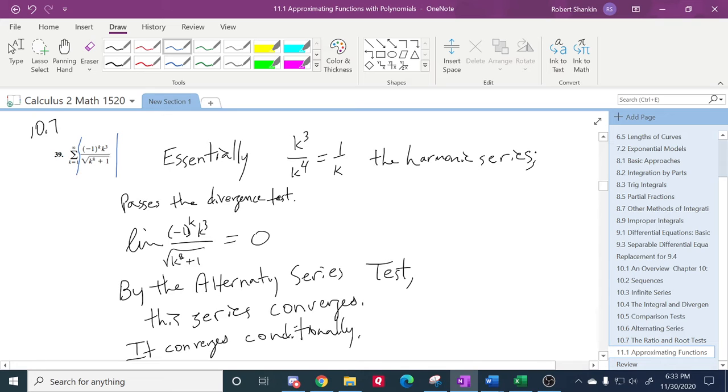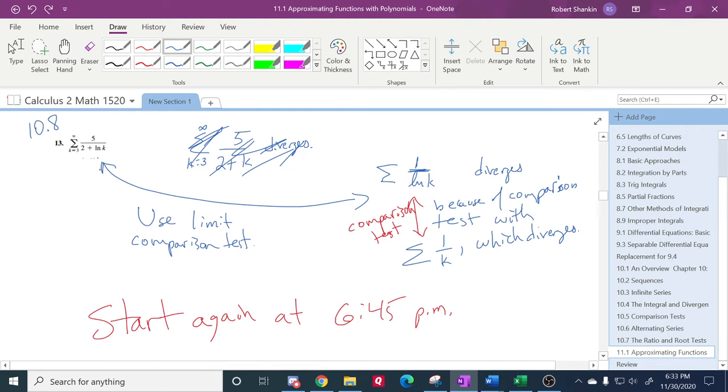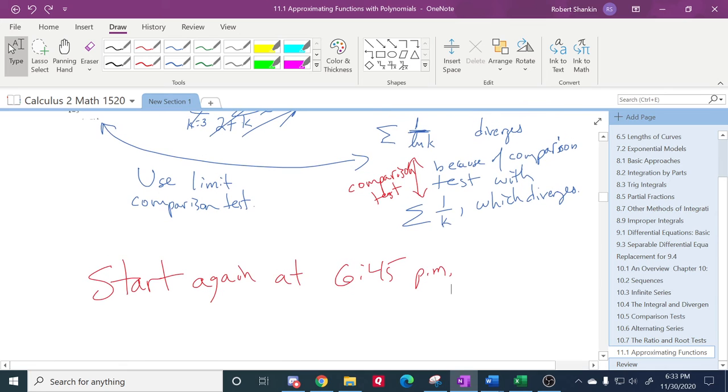So that's why it converges conditionally. But it does not converge absolutely because with the absolute value, it would not converge. Okay. Got it. Thank you. You're welcome. Anything else? Anybody else need to talk to me? All right.